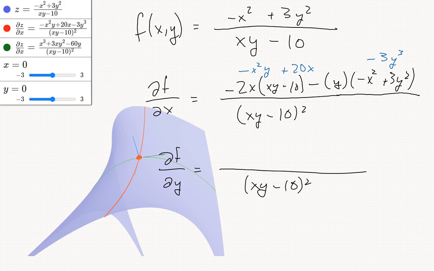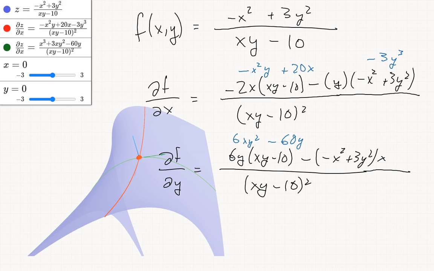Now derivative of the top is 6y times xy minus 10 minus negative x squared plus 3y squared, and then derivative of the bottom is x, and so then this is 6xy squared minus 60y plus x cubed minus 3xy squared, and so that becomes 3xy squared minus 60y plus x cubed.